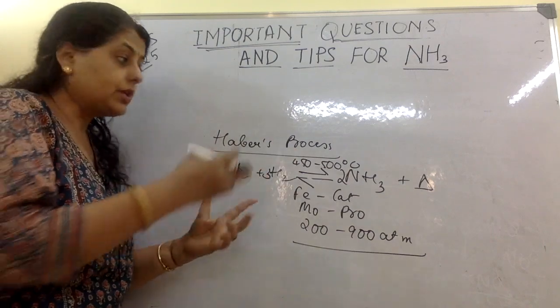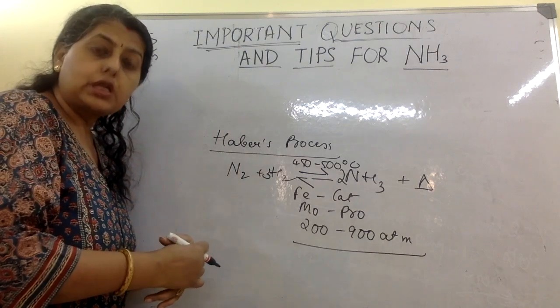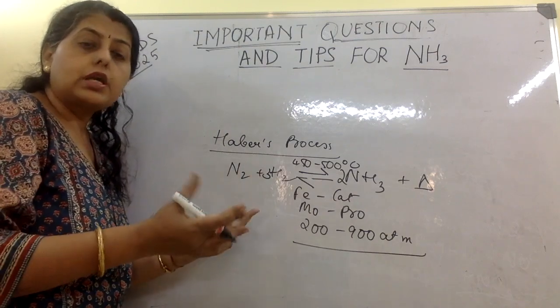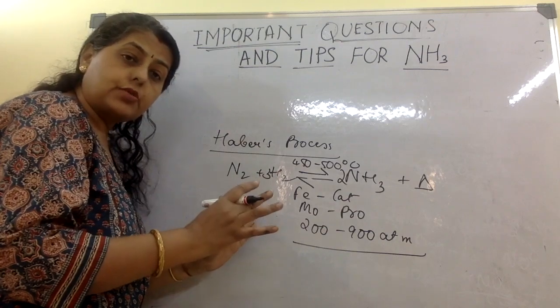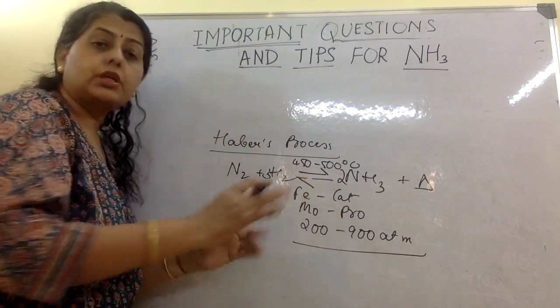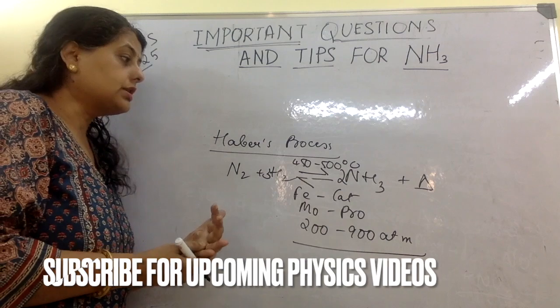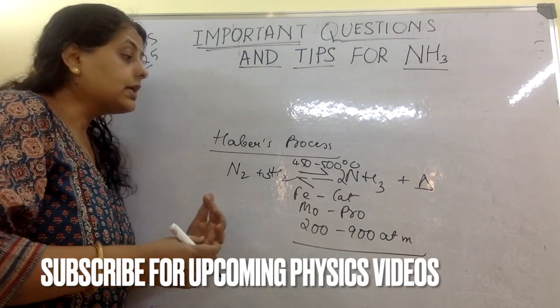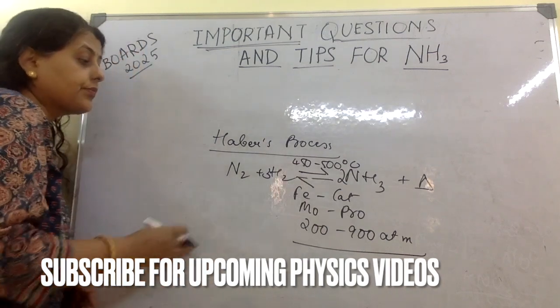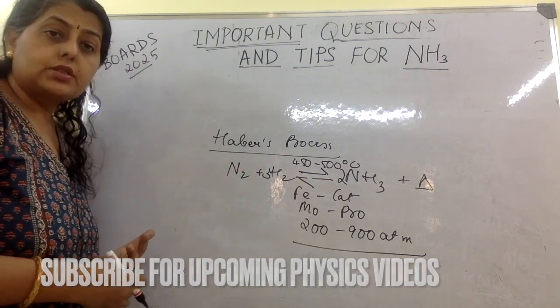Now we don't want it, we are producing ammonia for a reason, so after ammonia is produced, it has to be removed. Anyway, that is not something to do with your portions. So this is Haber's process.